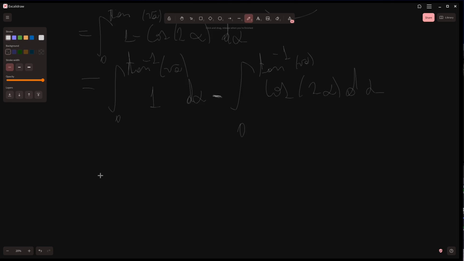Here we can solve this integral, and with this integral we need to use substitution.